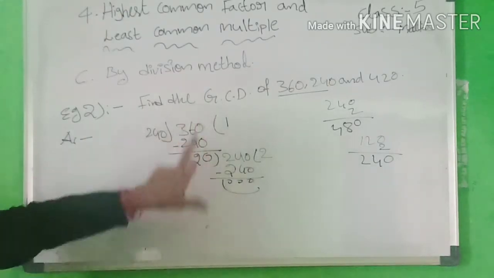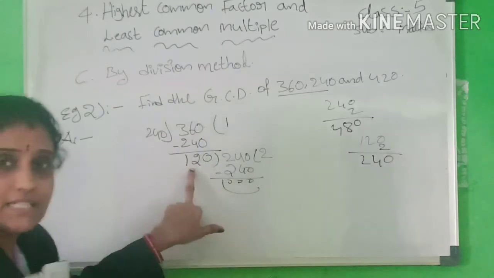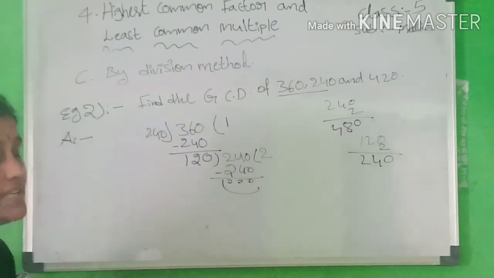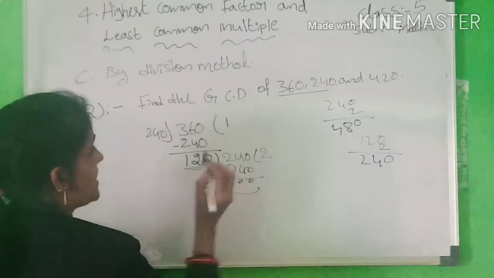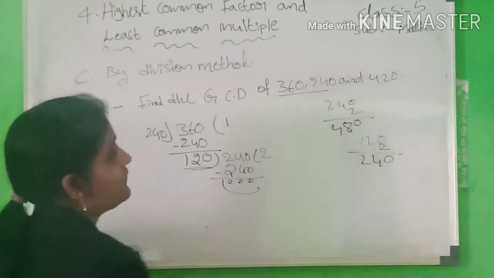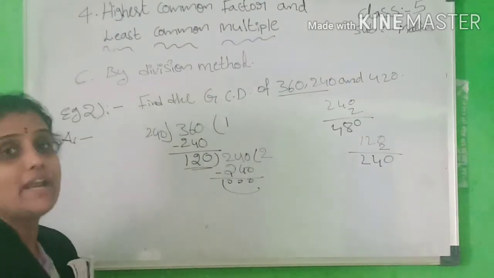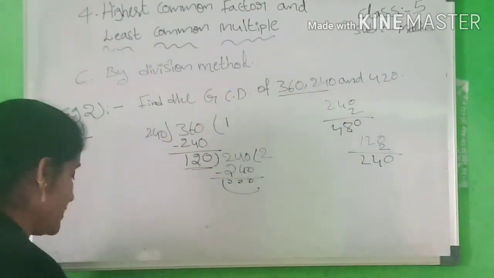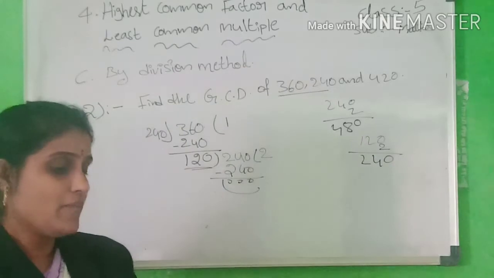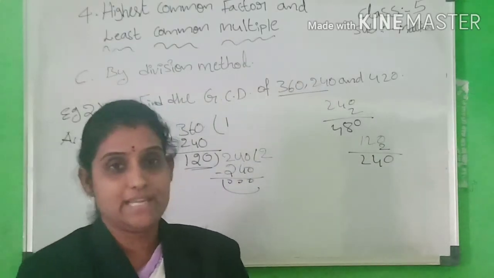In this question, 120 is the last divisor. You can use this divisor to divide 420 by 120. Now find the HCF of 120 and 420.